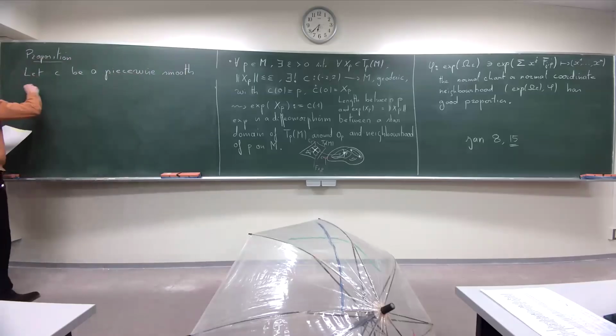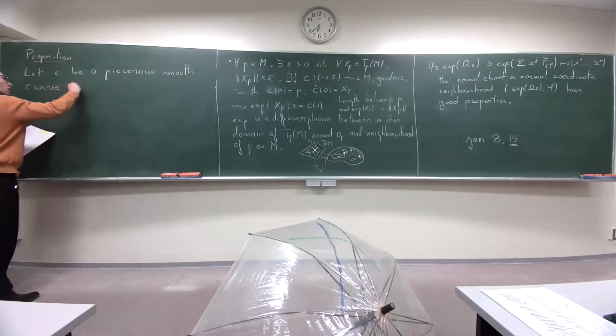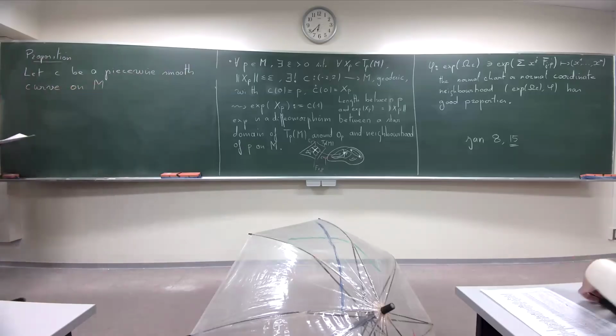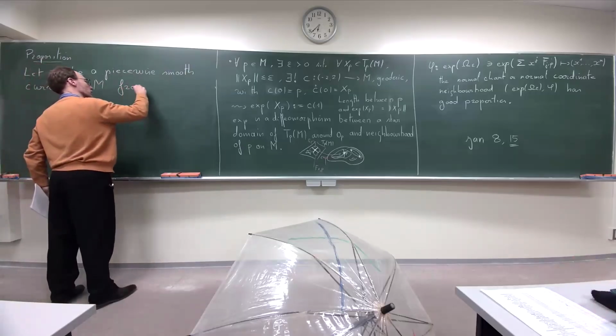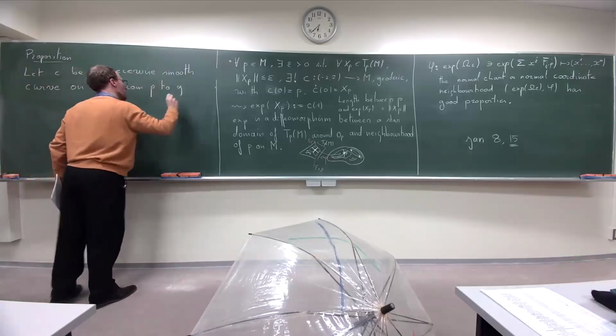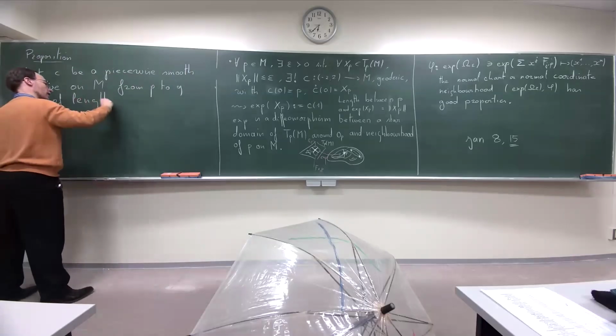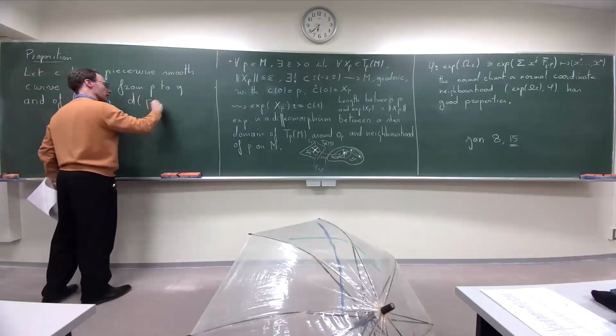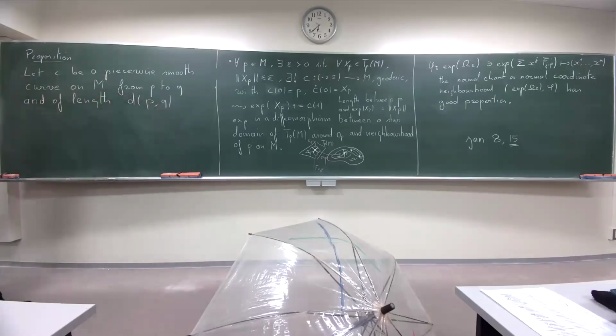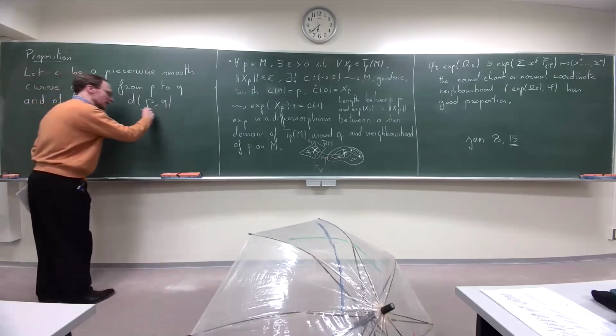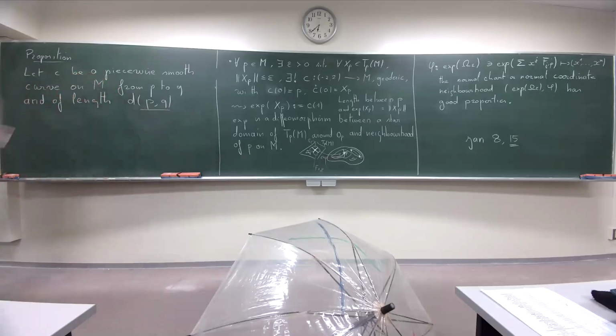So a piecewise smooth curve on the smooth manifold, from P to Q, but satisfying a precise condition and of length D of P Q. So we assume that the length of this curve is precisely the distance obtained by the minimum over all curves.